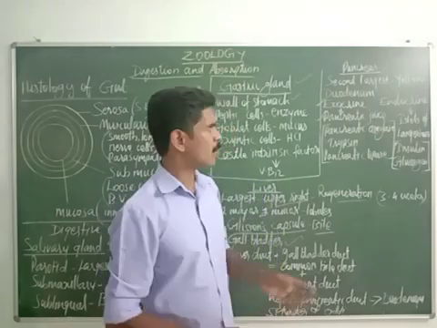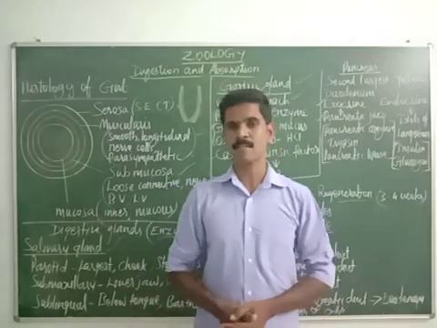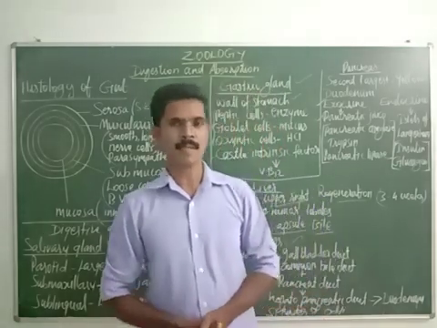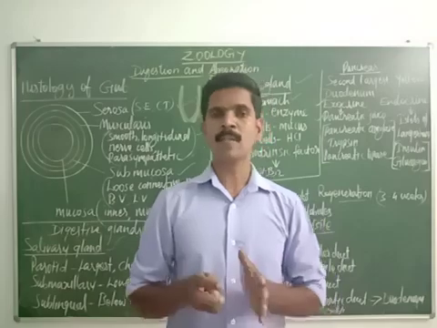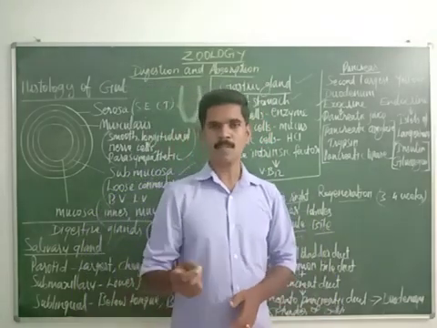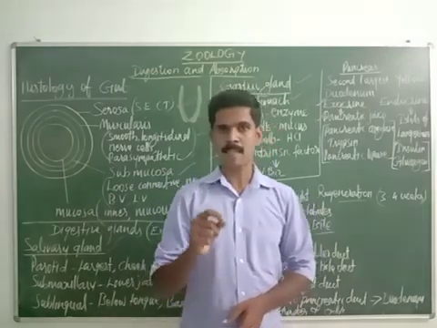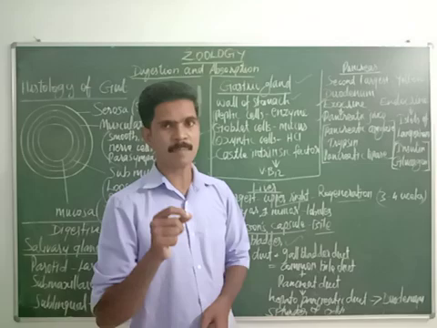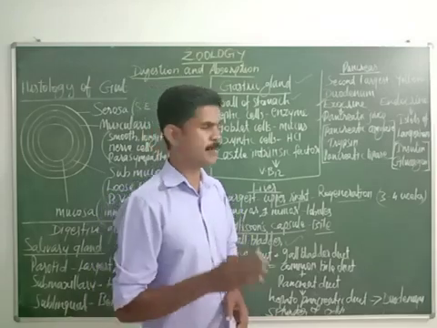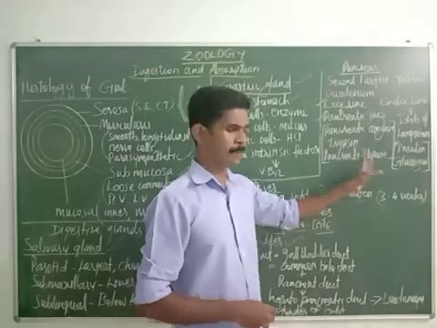Understand, my dear students? So once again I repeat all the points about the pancreas. The pancreas is the second largest gland, its color is yellow, and it is located in between the duodenum. It acts as both an exocrine gland and an endocrine gland. The exocrine portion secretes pancreatic juice, which consists of three enzymes: pancreatic amylase, trypsin and pancreatic lipase.